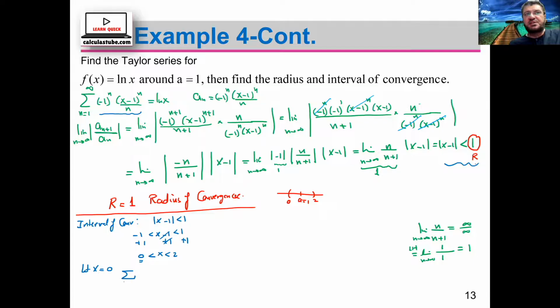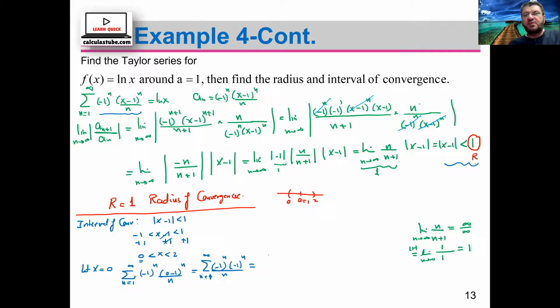We have the series, n equals 1 to infinity, of (-1)^n times (0 - 1)^n over n. And this is equal to the sum of (-1)^n times (-1)^n over n, where n is equal 1 to infinity.